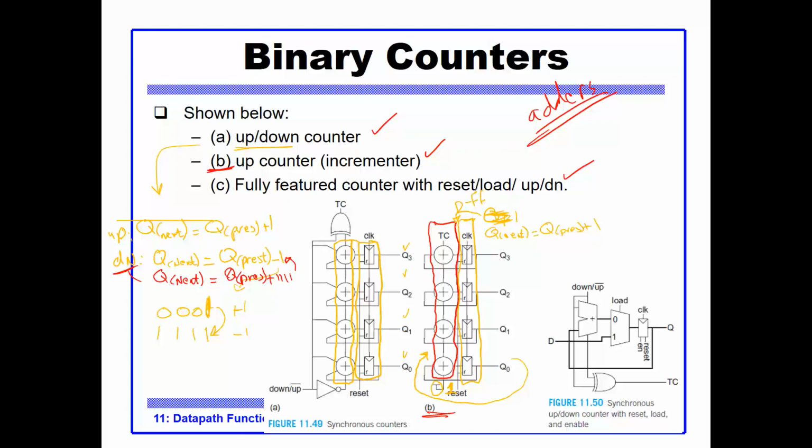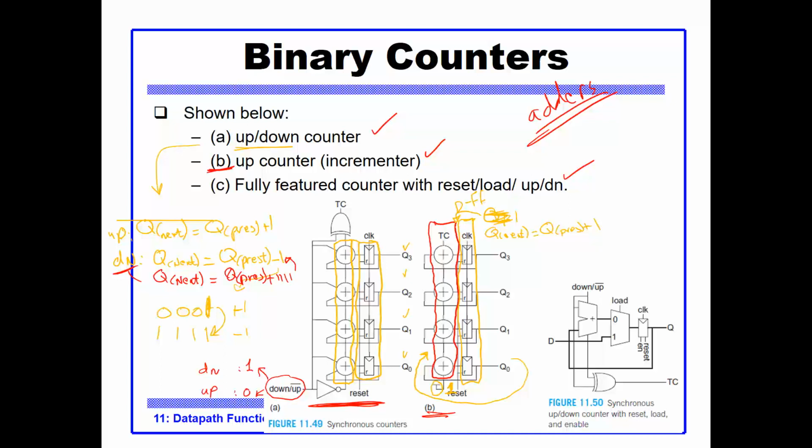So this counter will do up and down. How do I know which one? Well, I use a control signal. If this signal is a 1, I'll do a down count. If it is a 0, I'll do an up count.